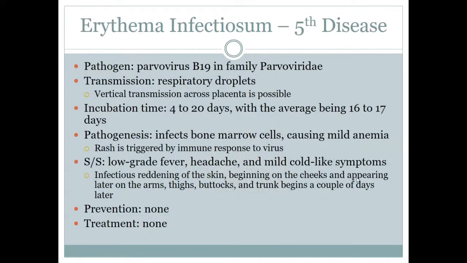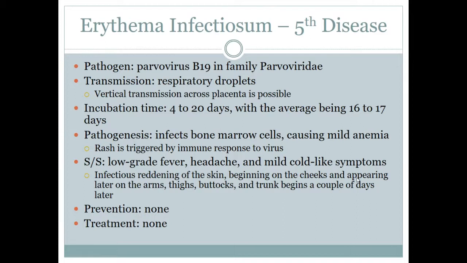Now, Erythema infectiosum, otherwise known as fifth disease, has been around for a really long time. It got its name, fifth disease, because it was fifth on the list of childhood rash-causing diseases. It's caused by parvovirus B19. It's a completely different parvovirus than what we see in dogs.